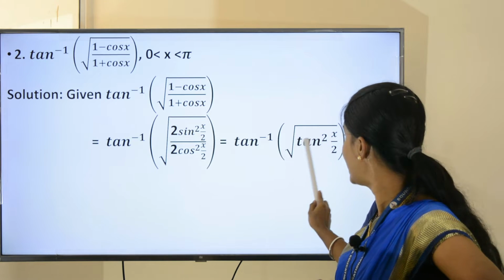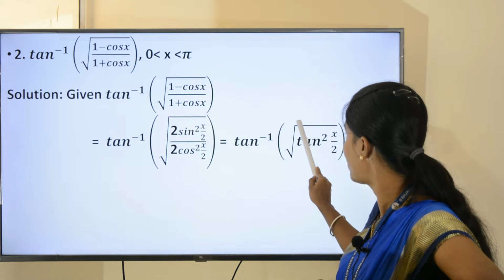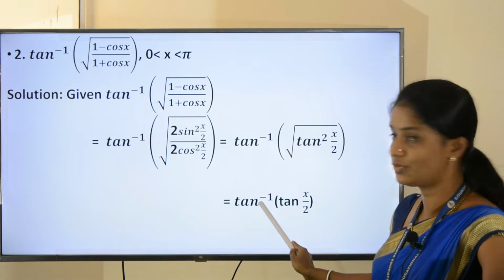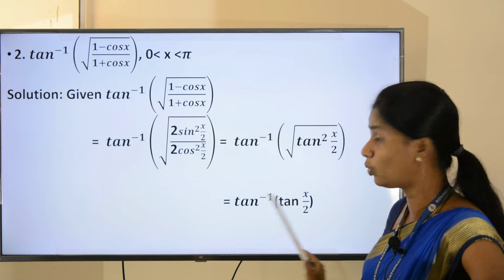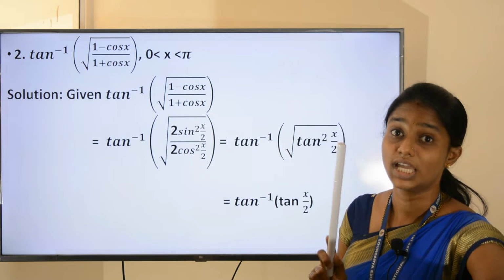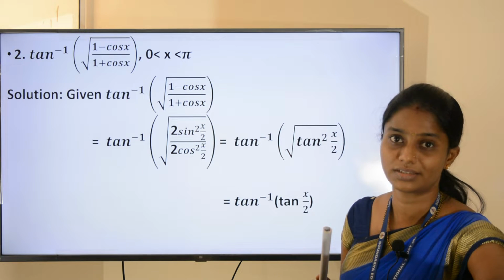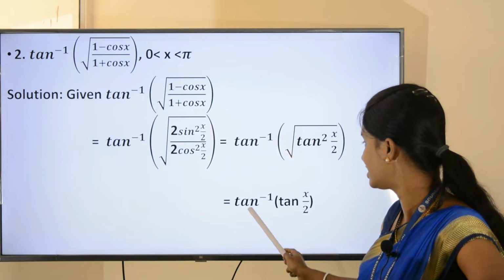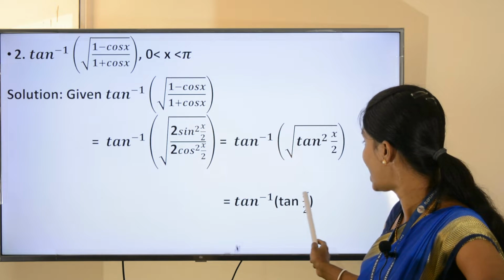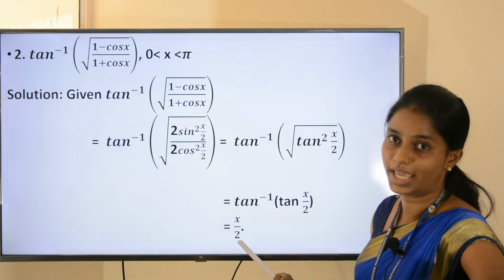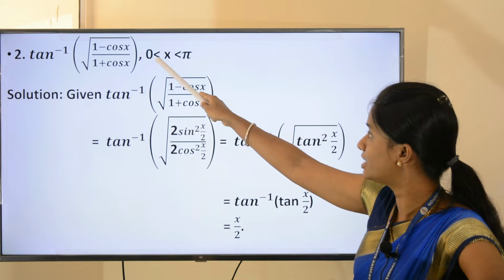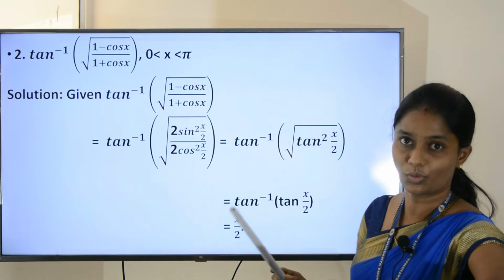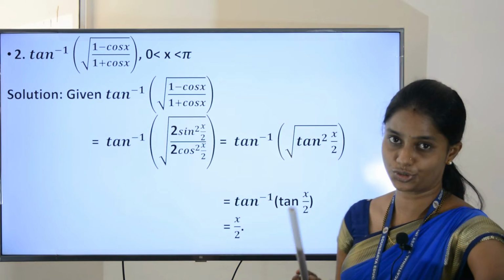Now the square root will get cancelled, leaving tan inverse of tan x by 2. Once again we use the inverse trigonometric property, that tan inverse of tan x is equal to x only, isn't it? So tan inverse of tan x by 2 is equal to x by 2. The question is in terms of variable x, so the answer is also in terms of x only. Okay, this is the second problem.